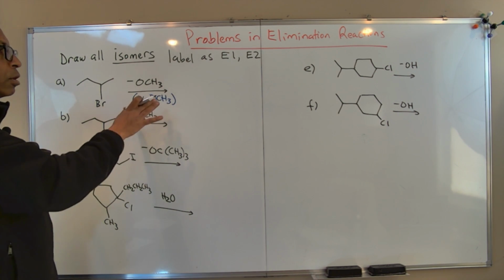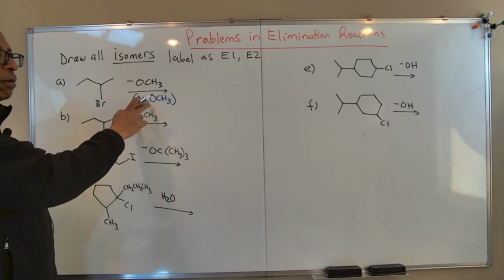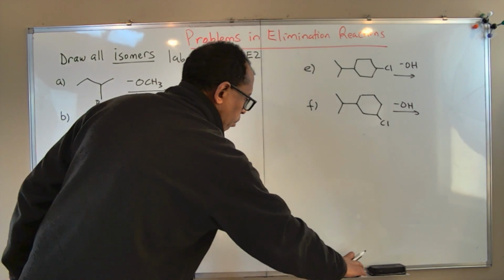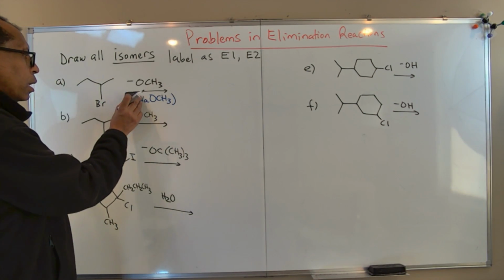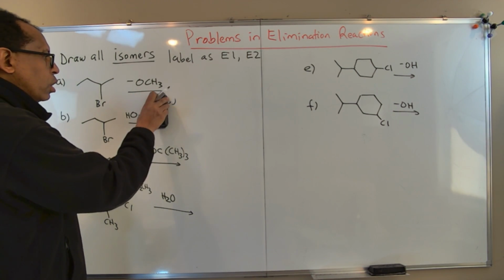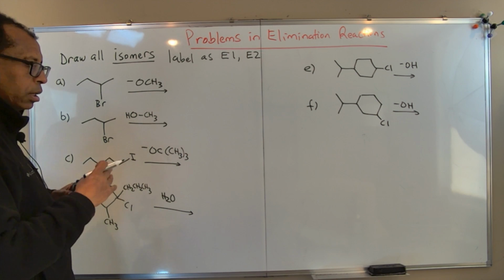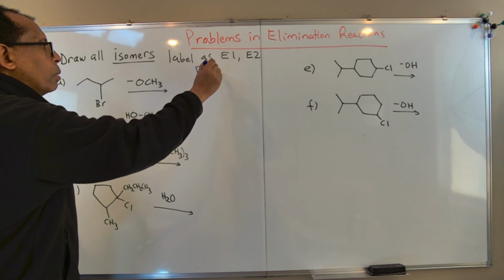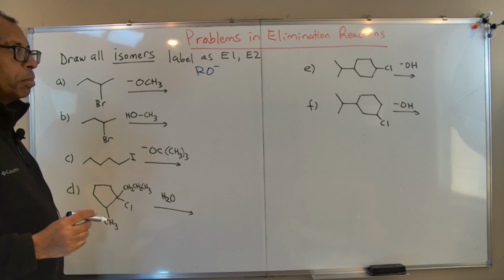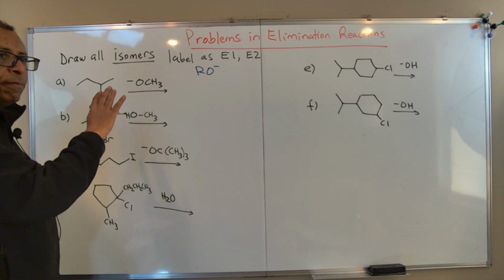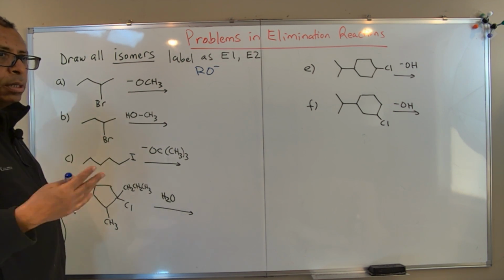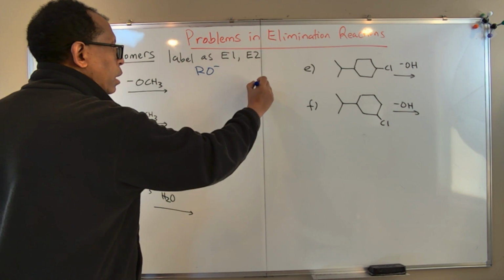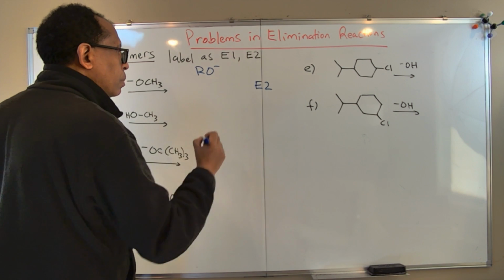So methoxide, ethoxide, in general all alkoxides, which are represented by RO minus, are strong bases. Hence, if it is a strong base, usually this should give you an E2 mechanism. So the reaction is an E2 reaction.